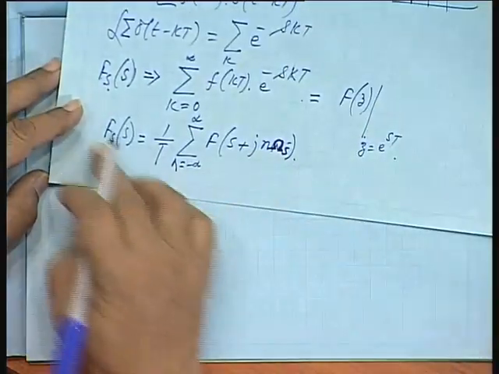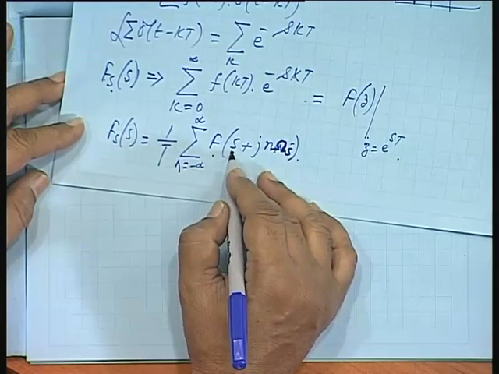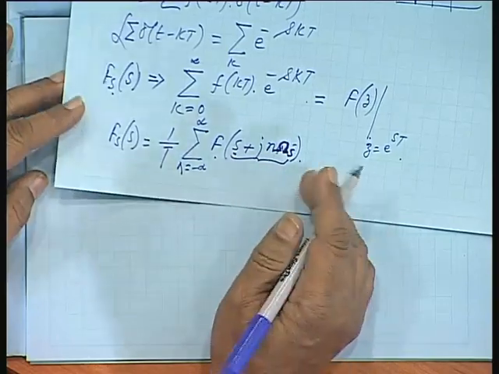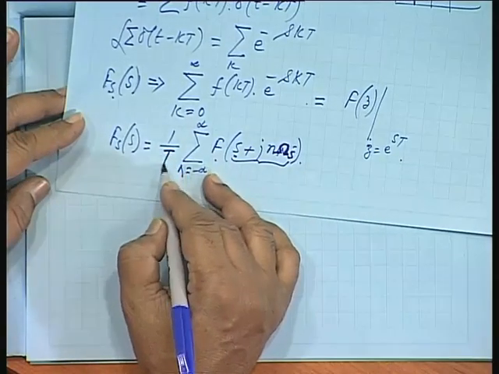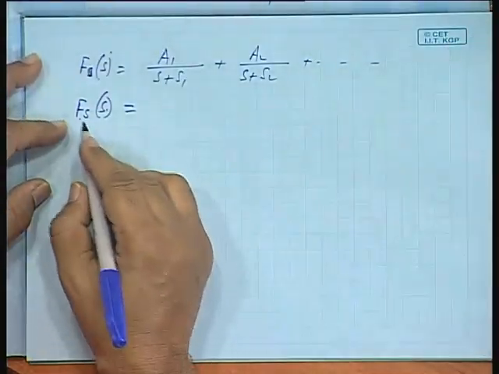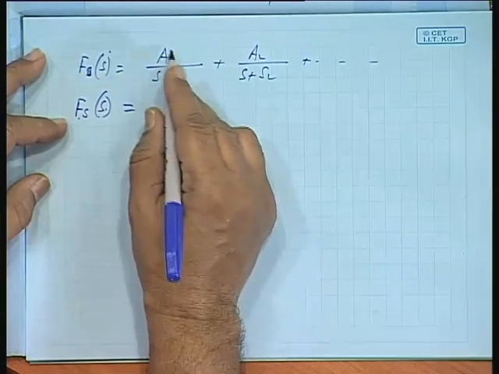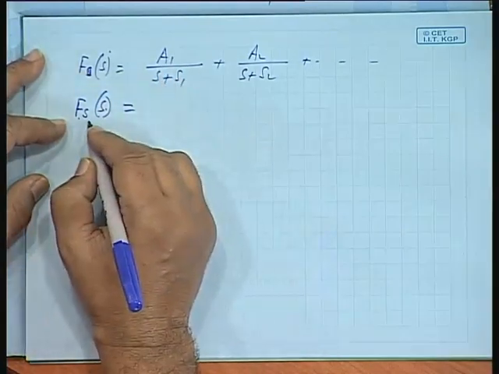We have seen F s star will be F, the original F, with s replaced by s plus this, with an average. So, we want to derive this relation. Let us consider only the first term.